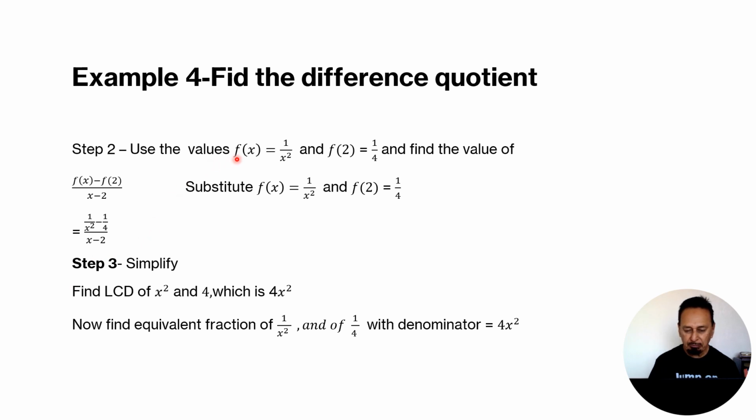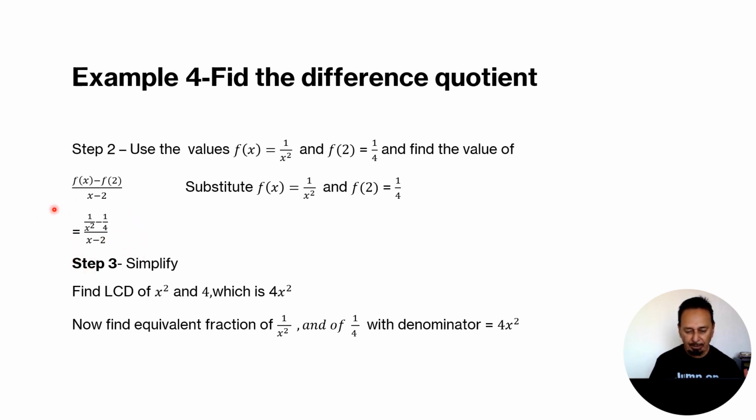Step 2, we're going to use the values f of x equal to 1 over x squared and f of 2 equal to 1 over 4, and we're going to find the value of f of x minus f of 2 over x minus 2. So we substitute f of x equals 1 over x squared and f of 2 equals 1 over 4. So we have now 1 over x squared minus 1 over 4, over x minus 2.